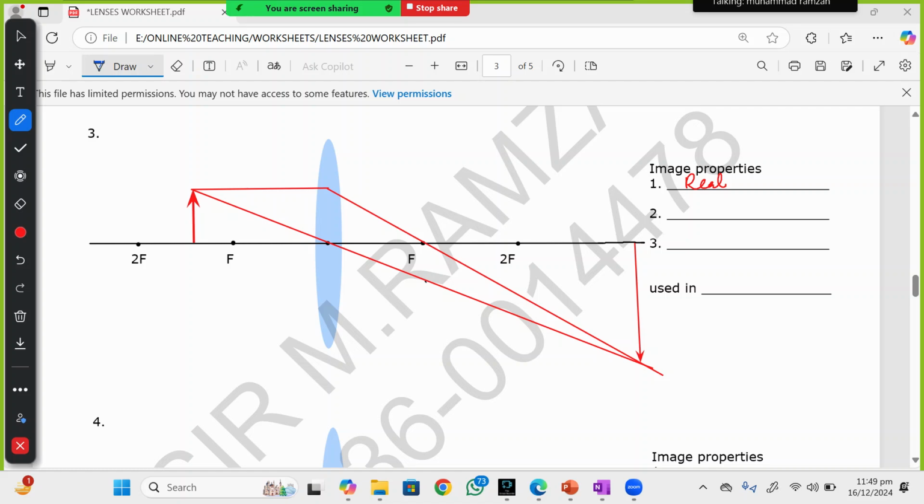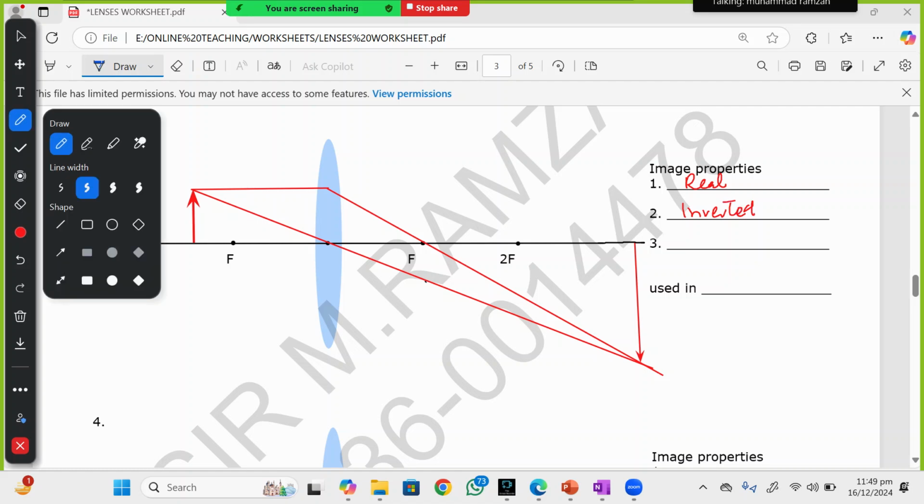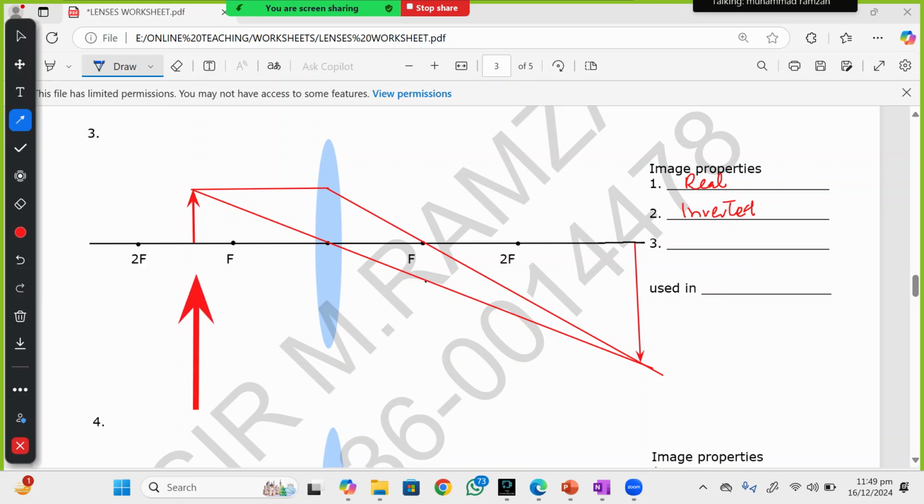real now because it's upside down. So real is always inverted. Inverted means it is upside down. So let's suppose if this is the object, inverted means it would be upside down. This is the upright, and this is inverted.